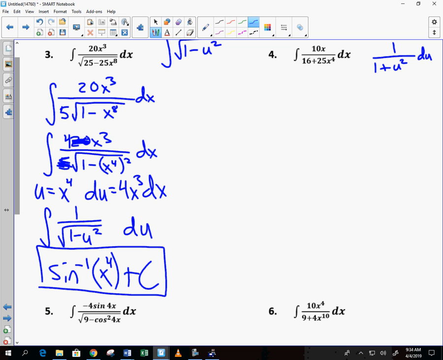Okay. So I got the integral of 10x over 16 times 1 plus 25 over 16 x to the 4th. I could simplify as 10 over 16, right?